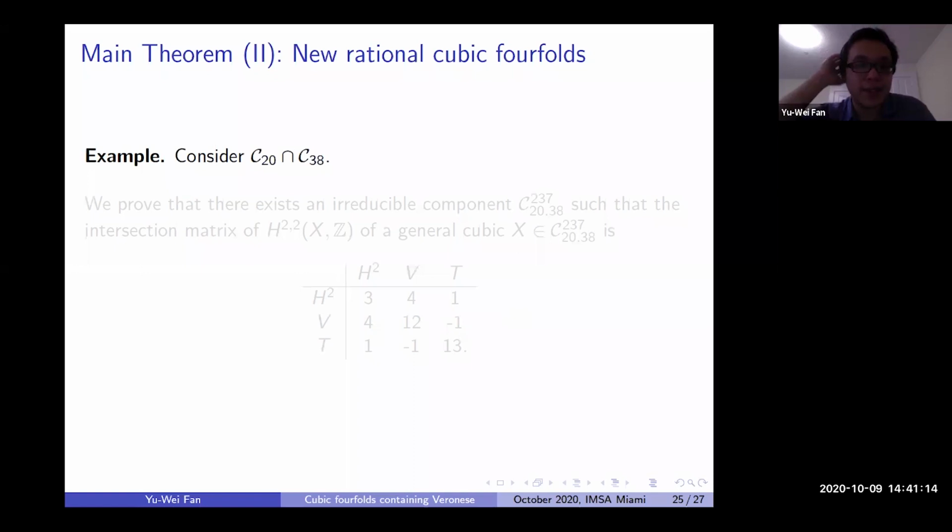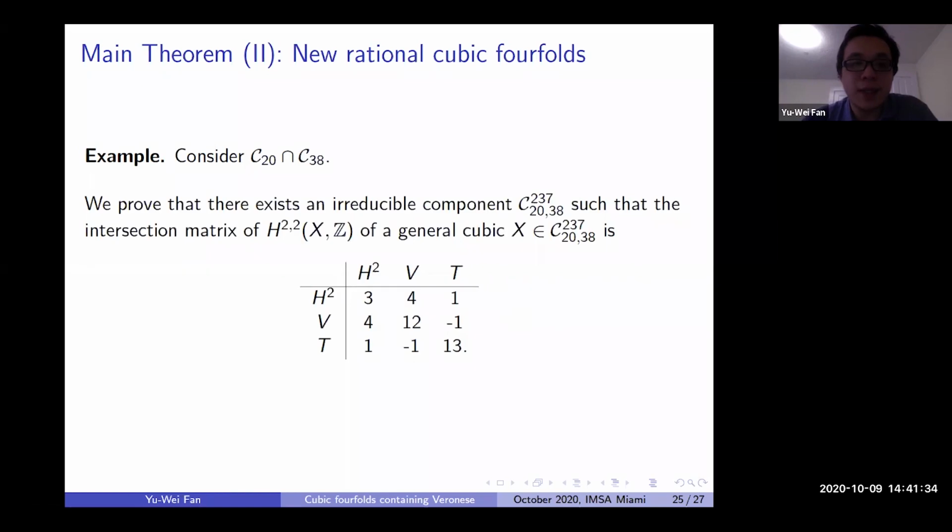The idea is that we start with some intersection where we know they parameterize rational cubic fourfolds. So we know C38 parameterizes rational cubic fourfolds. This intersection is going to have several irreducible components, and we pick one of them.